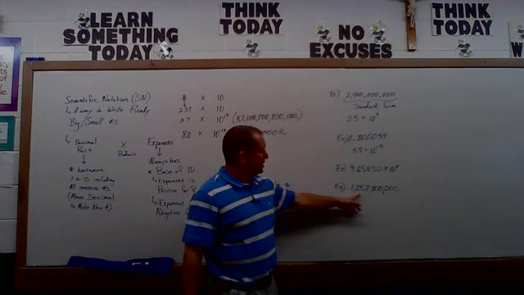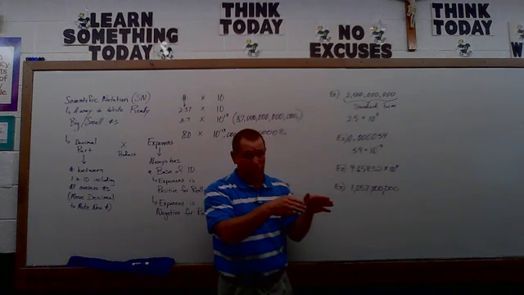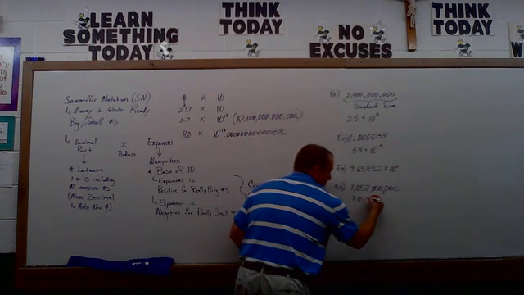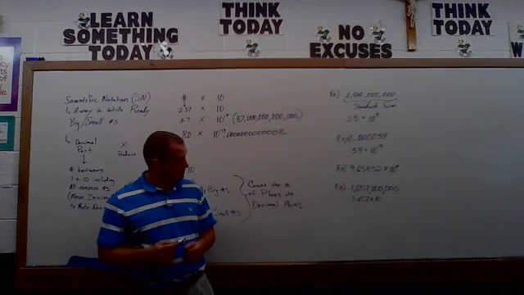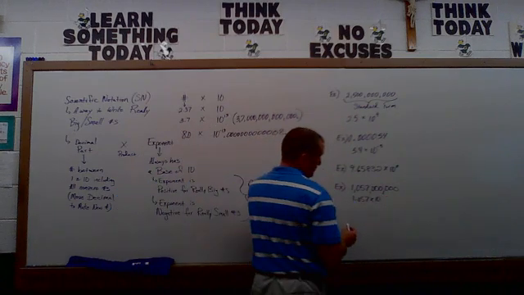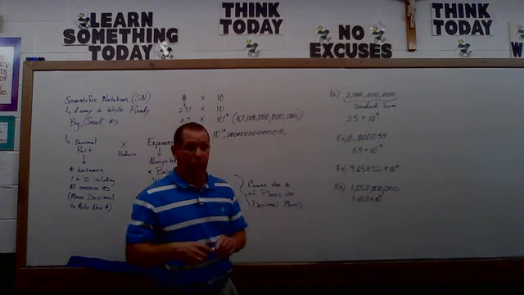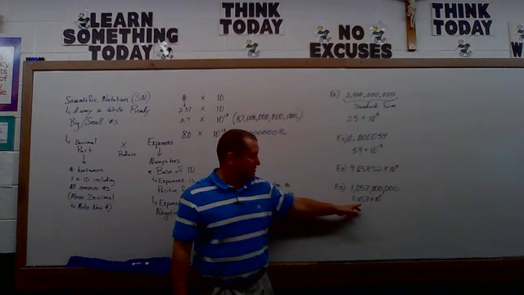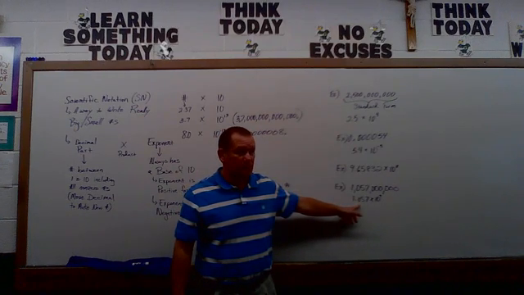If this ever happens, you still have to include all the non-zero numbers, and you're going to include a 0 that's in between there. So this one would be written as 1.057 and then times 10 to the what? 369. Exactly right. We don't ever want any zeros in the decimal part, but if it's included in between other numbers, then we're going to do it. That makes sense to everybody?